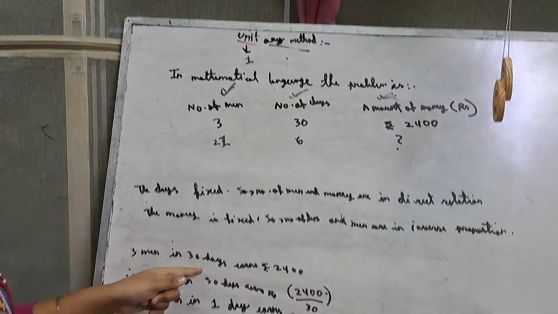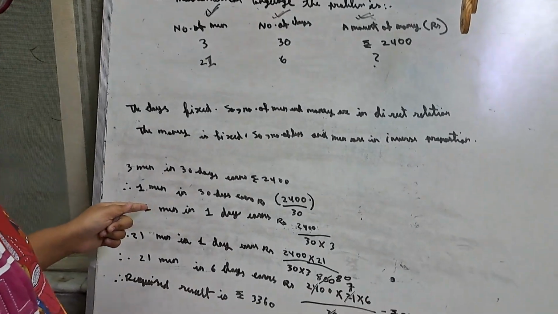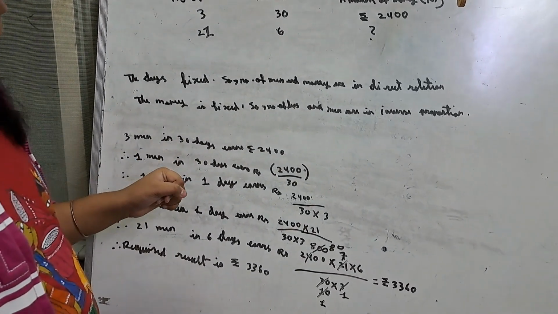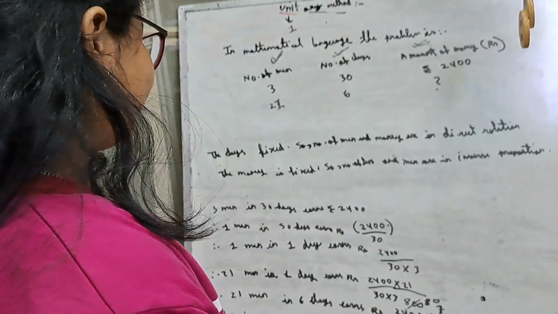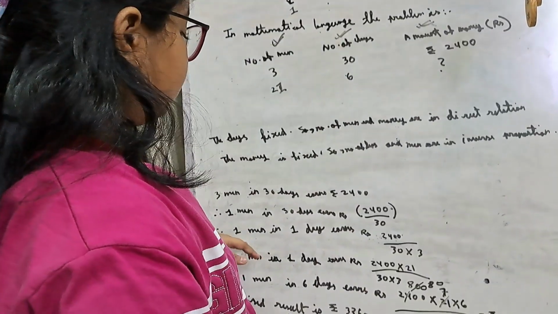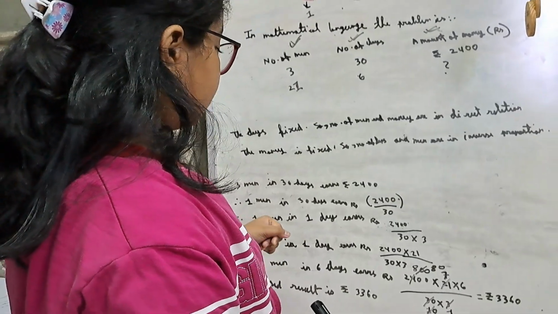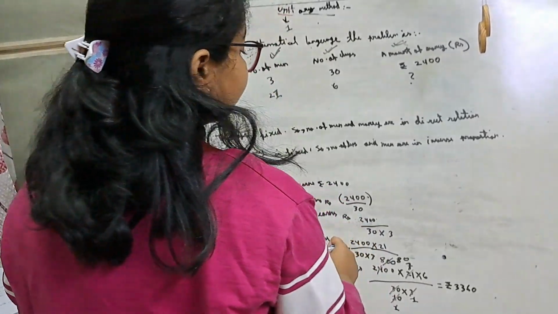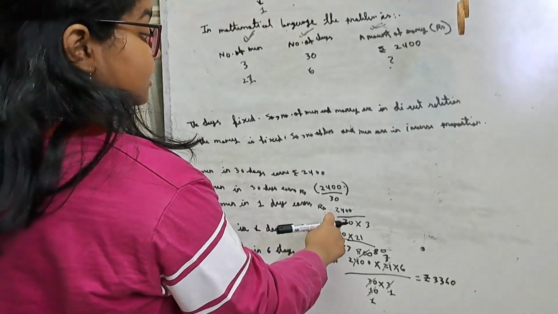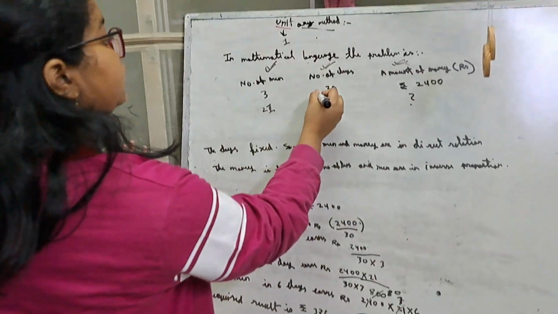So 3 men in 30 days earn rupees 2,400. Therefore 1 man in 30 days earns rupees 2,400 divided by 30. Therefore 1 man in 1 day earns rupees 2,400 by 30 into 3. Why 30 into 3?